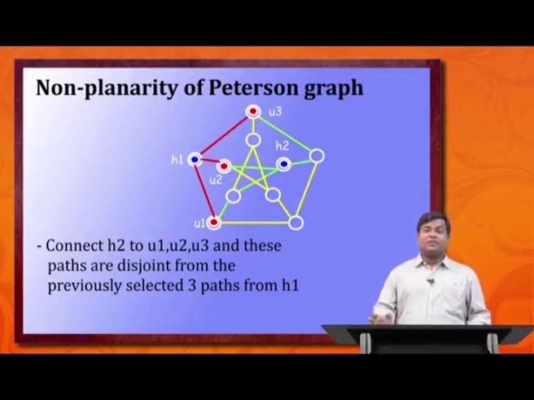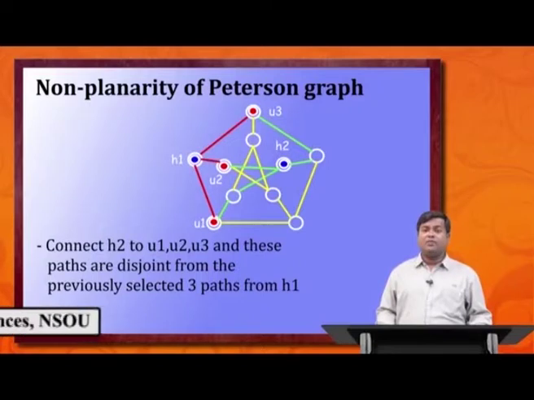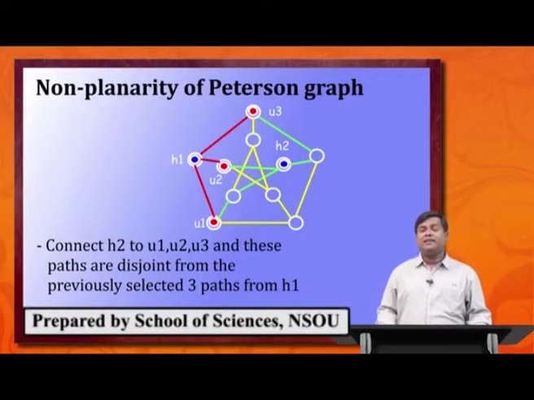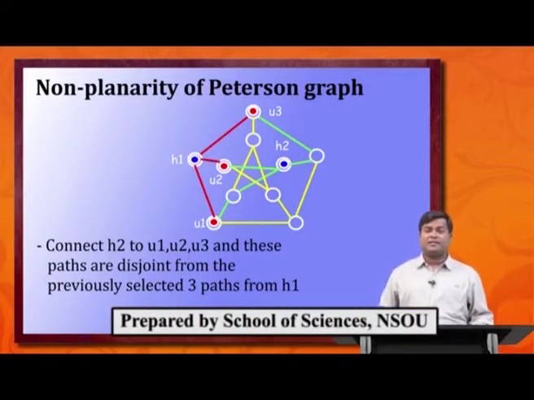So let's find three different paths from H2 to U1, U2 and U3. I have marked them in green. Now H1 and H2, these two vertices, have degree 3 and are connected to U1, U2, U3 by 6 different paths.